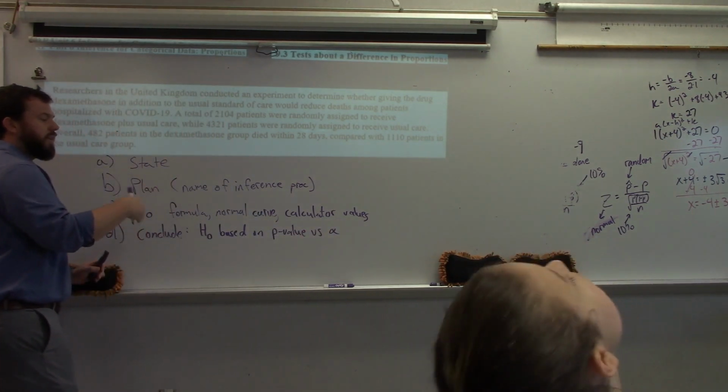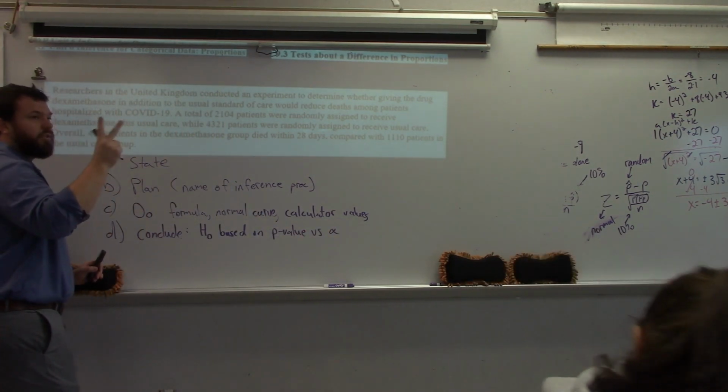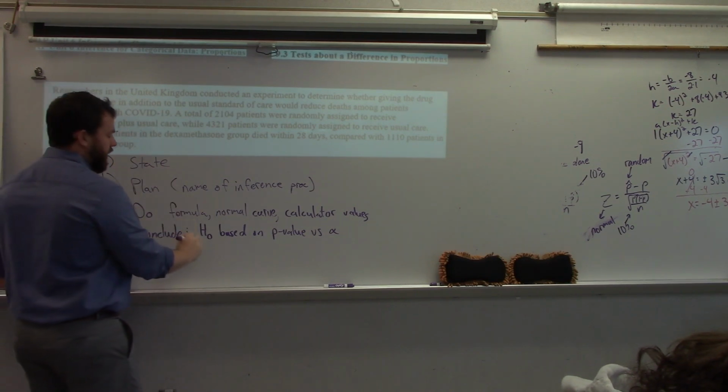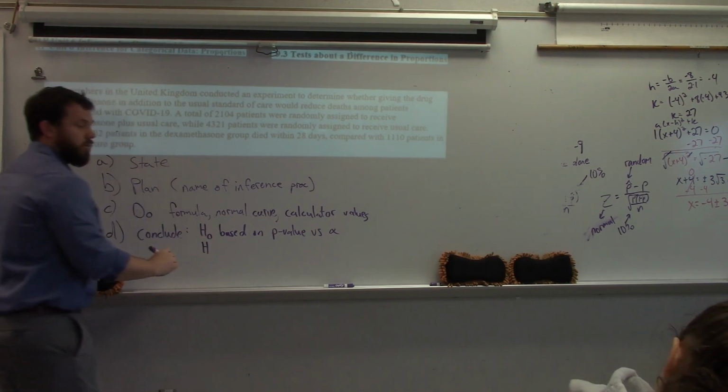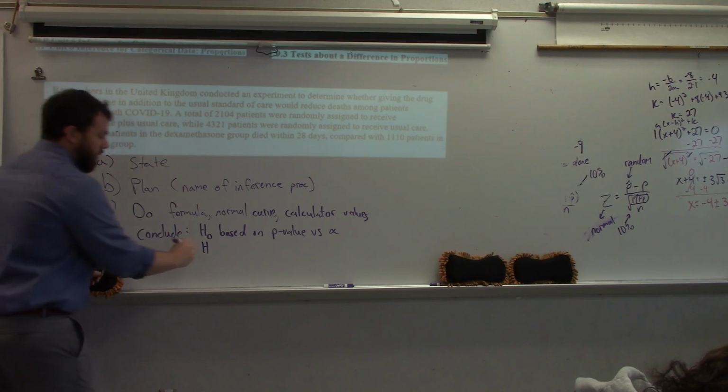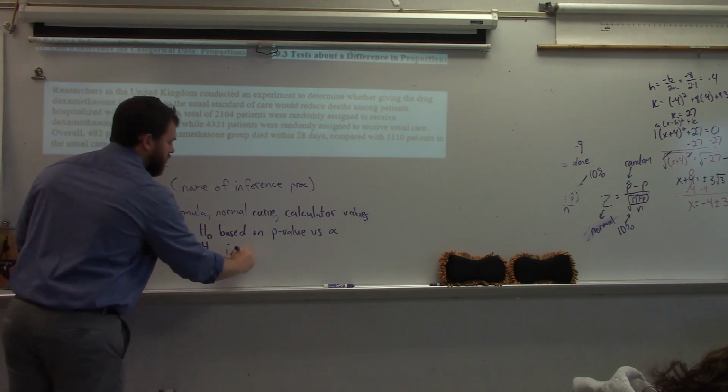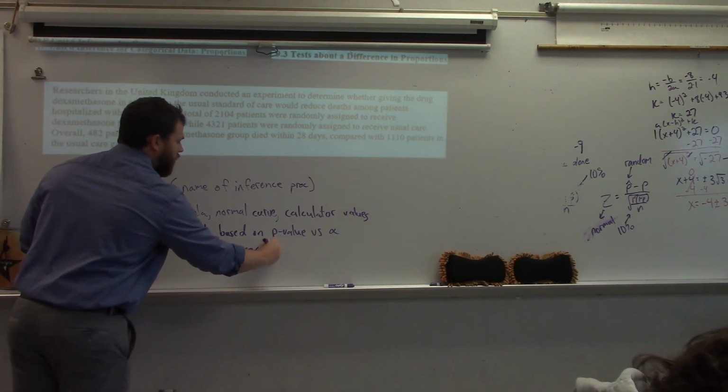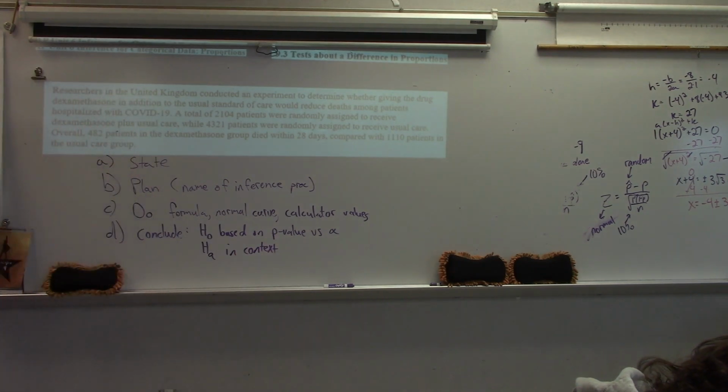Null hypothesis based on p-value versus alpha. There's 2 things. Then we need a statement about the alternative hypothesis in context. You need all 4 things.